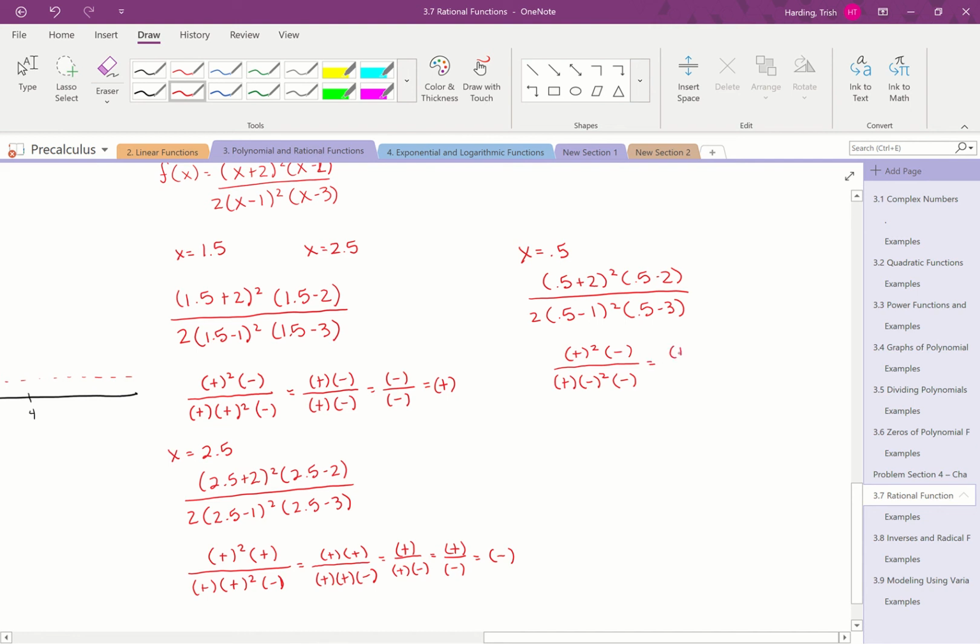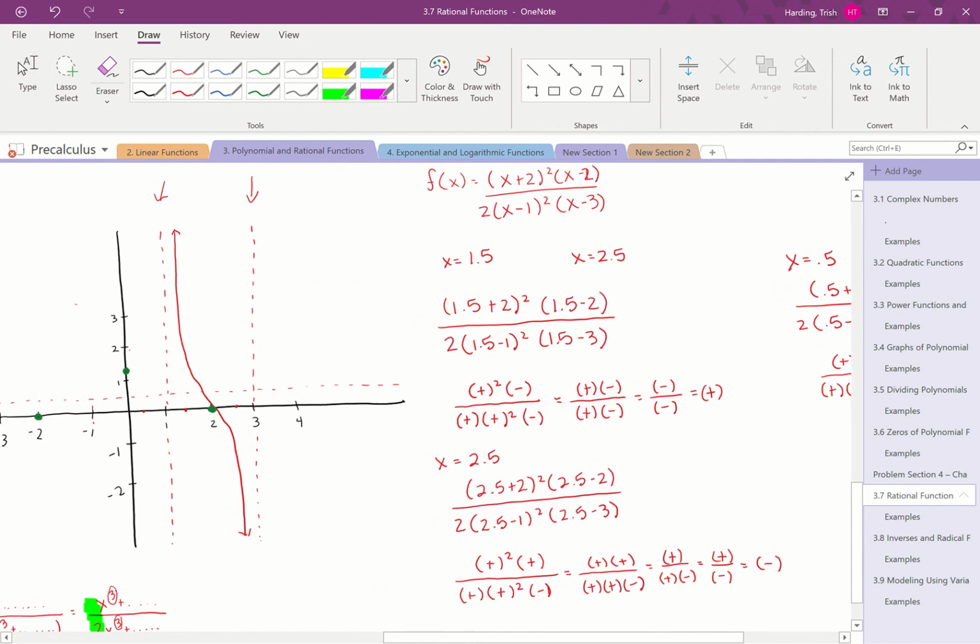So therefore, we will have a positive number squared is still positive. A negative number squared is a positive number. So we will have a negative number on top. And a positive times a positive is a positive. Times that negative is going to give us a negative. And remember, a negative on top and bottom will give us a positive.